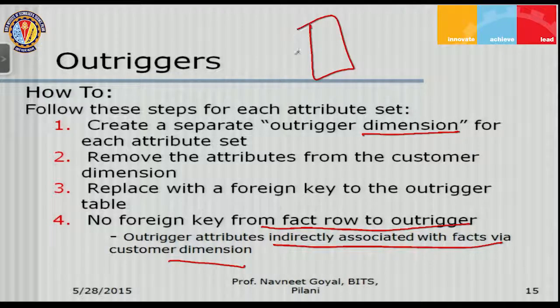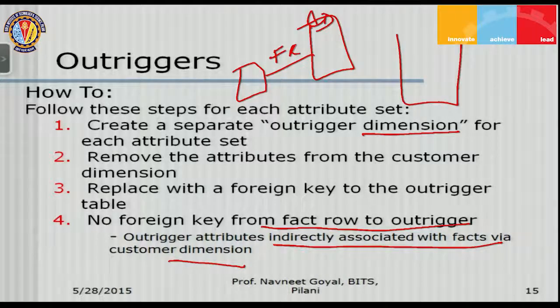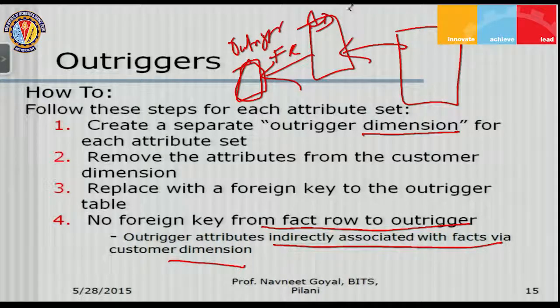So it looks like this. There will be a foreign key from this customer dimension, and this is my fact table. So there is a foreign key here, there is a foreign key here, and this is my outrigger and this is my dimension. So let me use a different color.